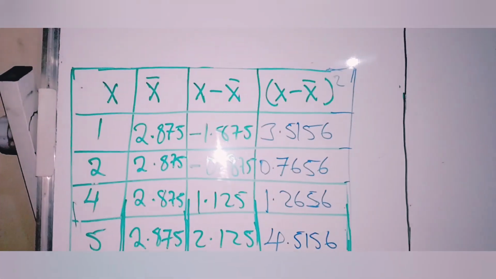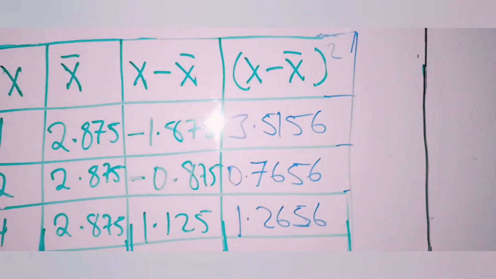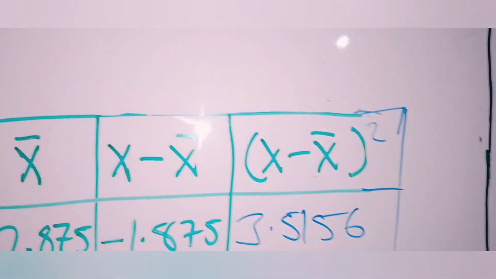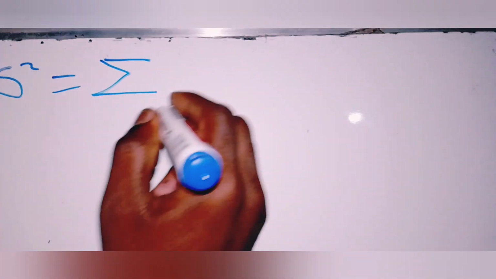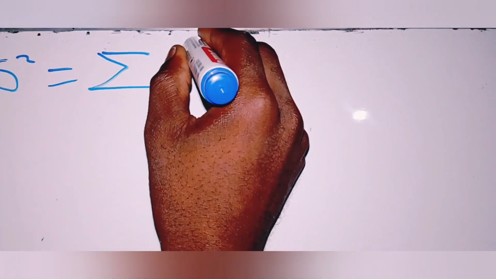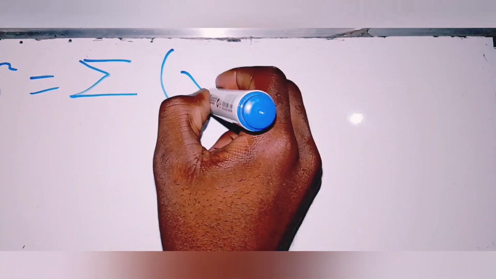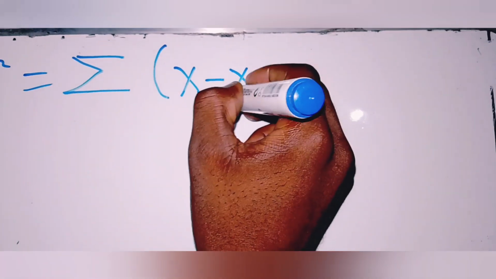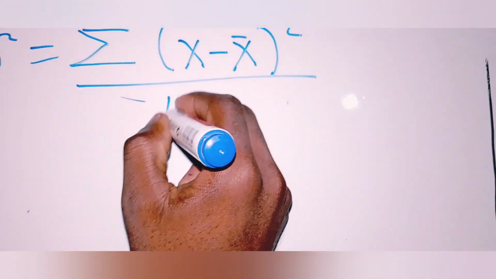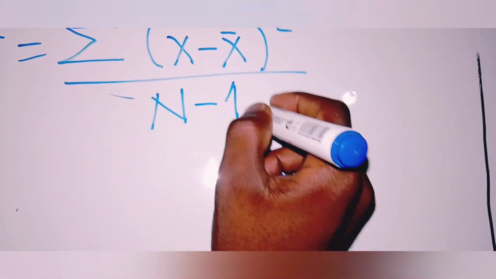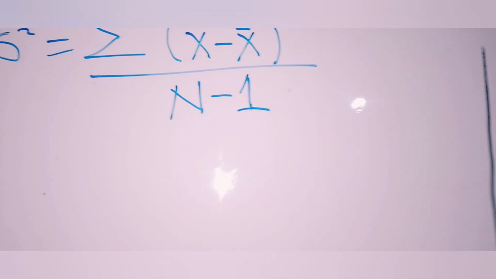Now remember our main aim was to find the variance. The formula is s squared is equal to the sum of (x minus x bar) squared over n minus 1 in case of sample variance.